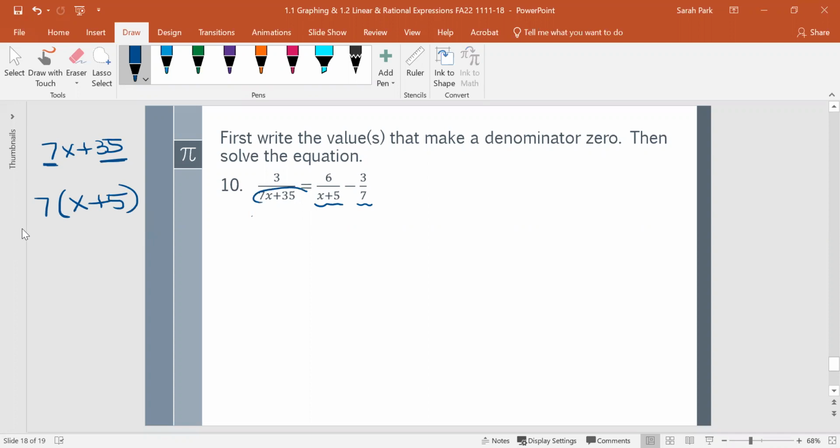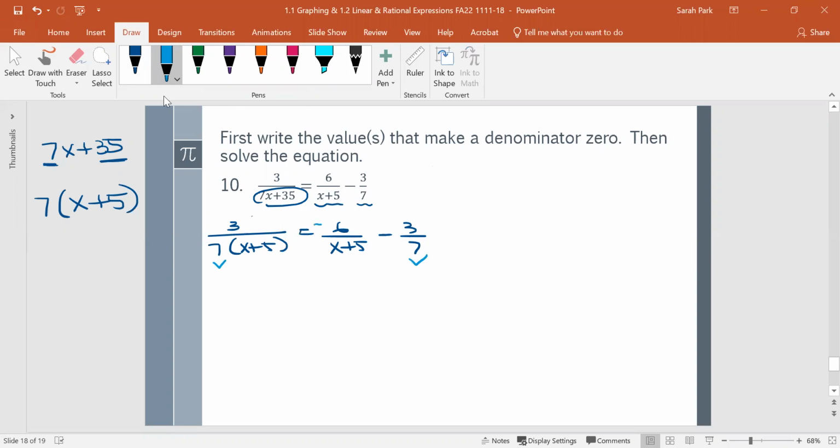So let's rewrite this term as 3 over 7 times x plus 5 equals 6 over x plus 5 minus 3 over 7. So let's see what the common denominator is going to be. Okay, I see that they all need 7. So here, this guy has 7, this guy has 7.